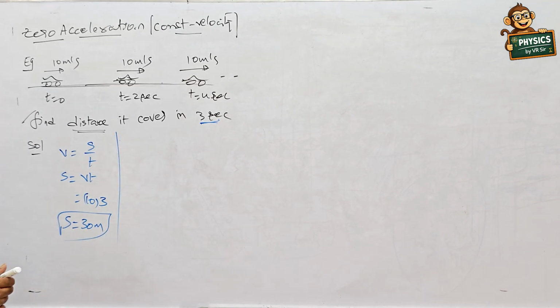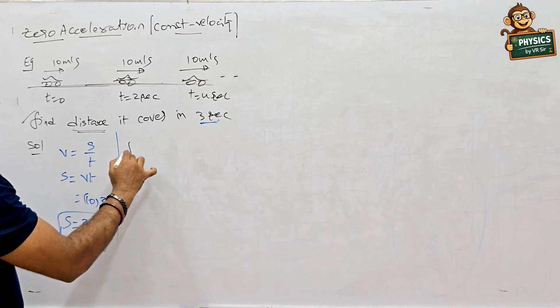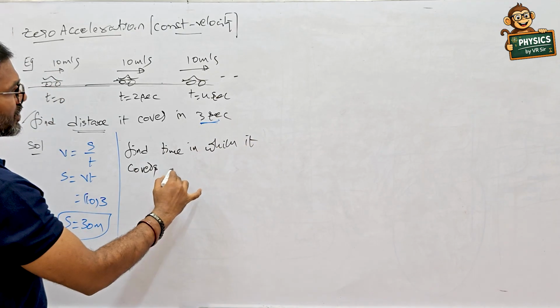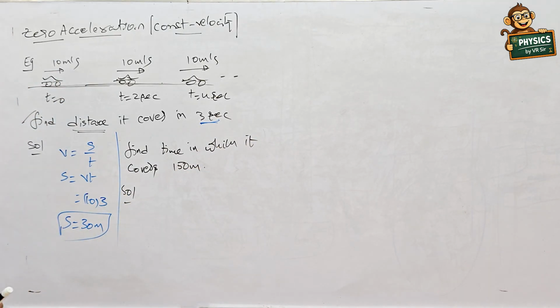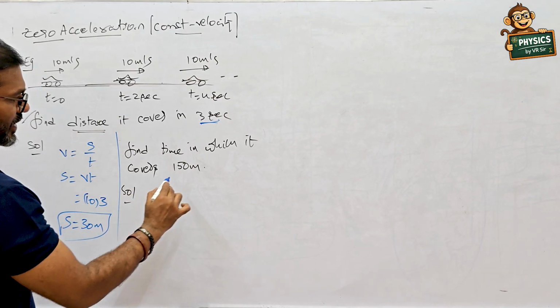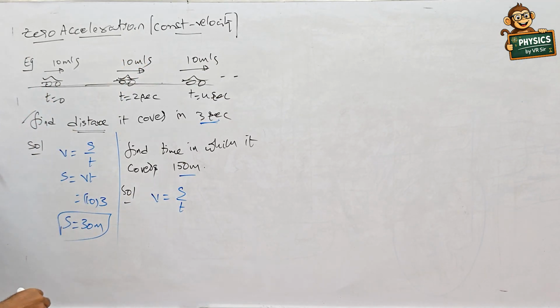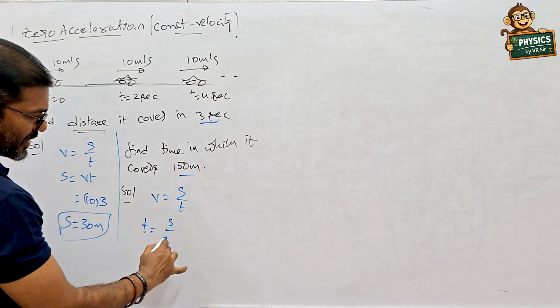This is one model. And what about the other model? The second one, they are asking: find the time in which it covers 150 meters. Look at here, this is a distance, and the same formula, only one formula exists in this case, right? Time is asked, so time is displacement by velocity.